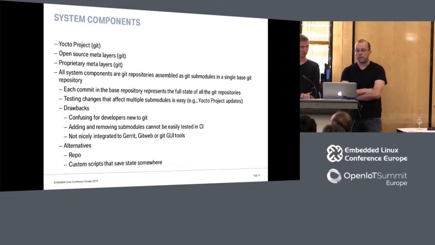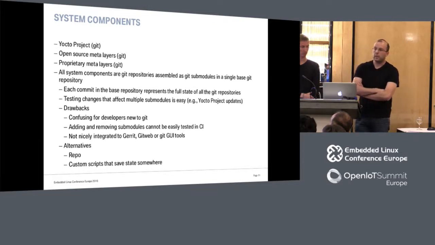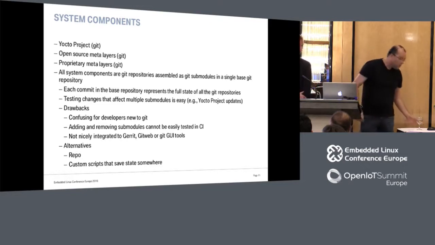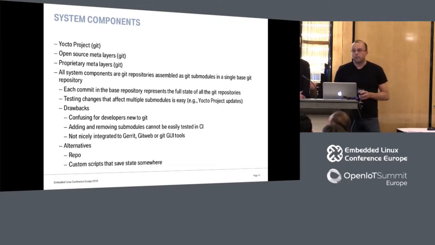All these components are Git repositories, and we use submodules to manage them. To have a revision or a version in our repository, we just tag the base repository with Git submodules. There are some drawbacks to using this approach. It can be a bit confusing for new developers coming to Git.